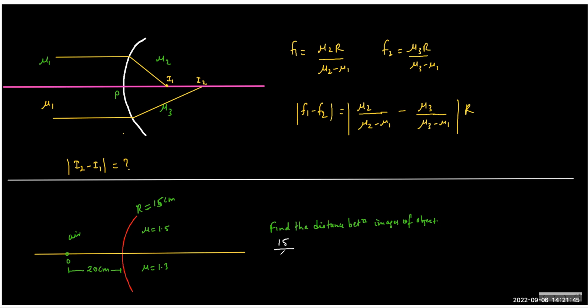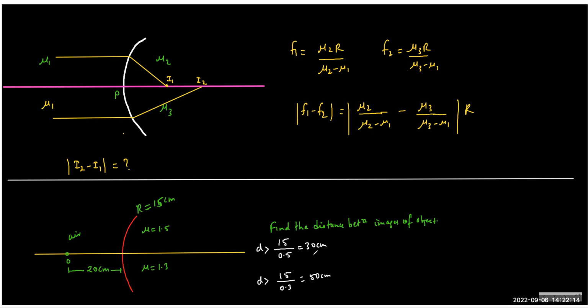R upon mu minus 1 is how much? 0.5, this is 30 centimeter. And R upon 0.3 is 50 centimeter. Which means the D required for a real image should be more than this.